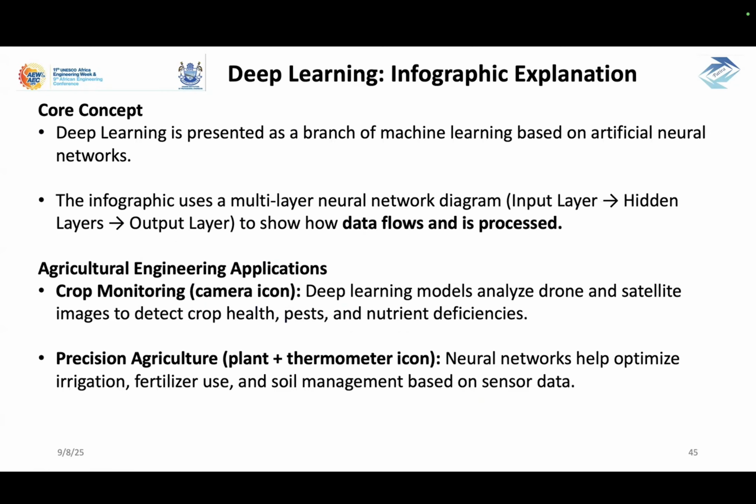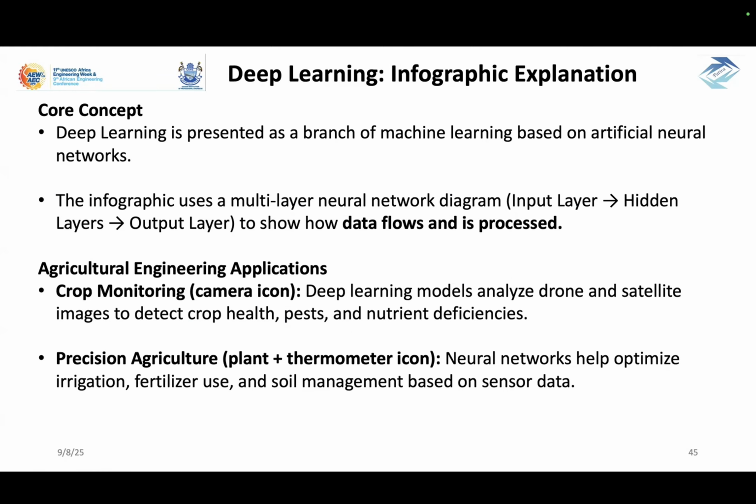So this is an infographic. The core concept: deep learning is presented as a branch of machine learning based on artificial neural networks. The infographic uses a multi-layer neural network diagram. There's an input layer, a hidden layer, and then an output layer. That shows how the data is processed. So how can we apply this to agricultural engineering, crop monitoring?